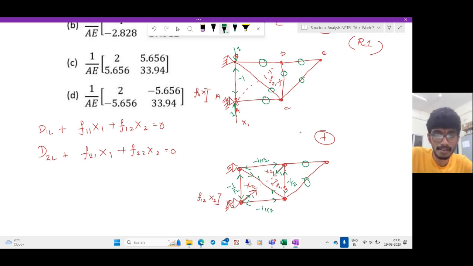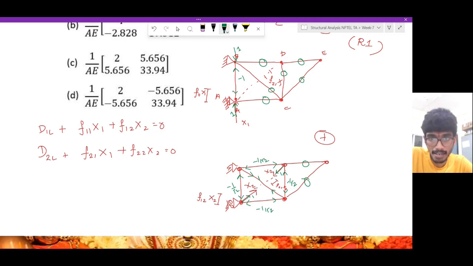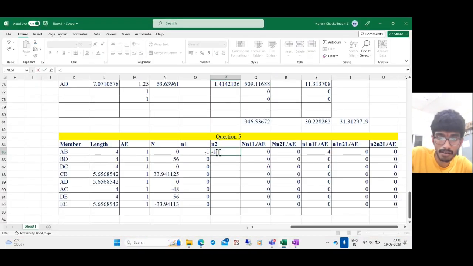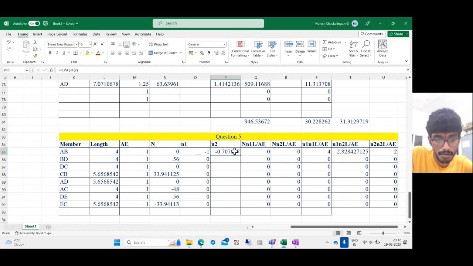So it is very simple. We have AB, BD, DC, and AC, which have -1 by root 2.